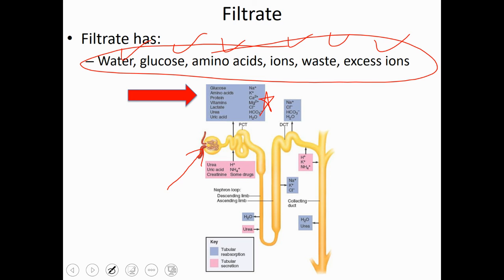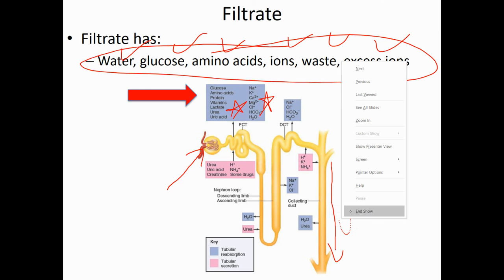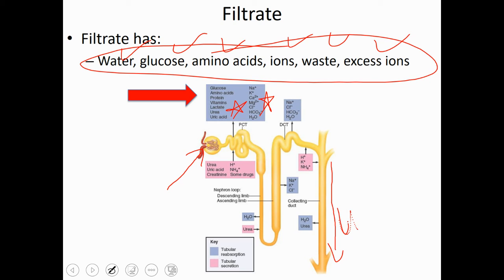And what your kidneys are going to do is decide, okay, what are we going to reabsorb back into the blood, which would be here, and what are we going to keep in that filtrate, which will then become your urine, okay? And it's a little bit of a long process to explain it, but I think once we get to the end of it, you'll understand. So today's big thing was pulling everything out of the blood and producing this filtrate.